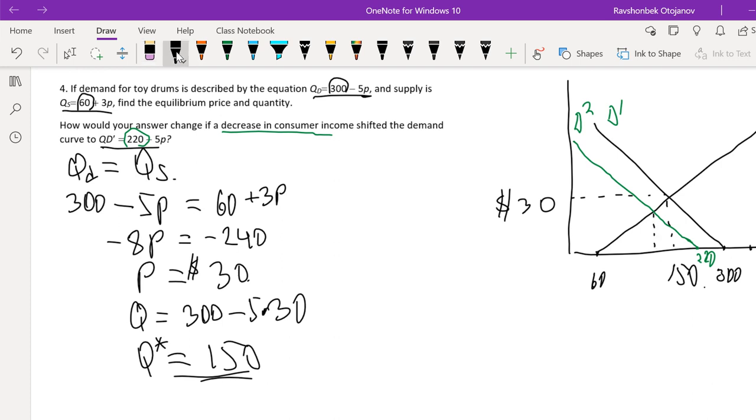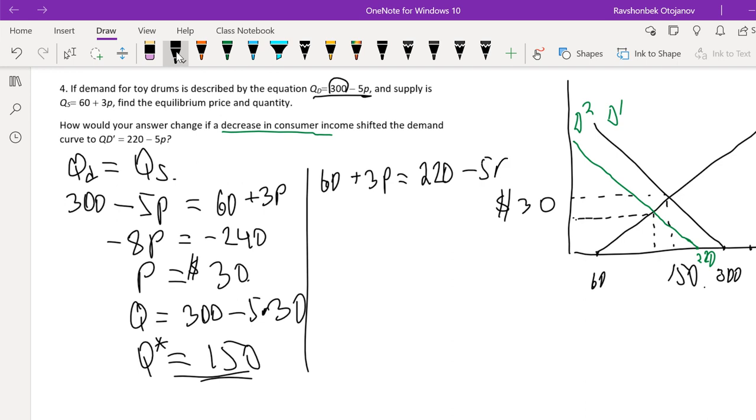Now, what is the new equilibrium price and new equilibrium quantity? So let's work this out. We will use the same supply equation because supply didn't change. So that's 60 plus 3p. And the demand equation is the new demand now, so that's 220 minus 5p.